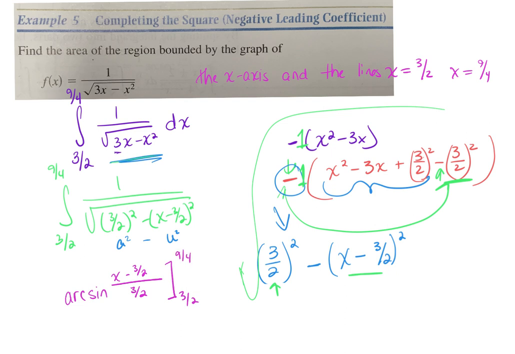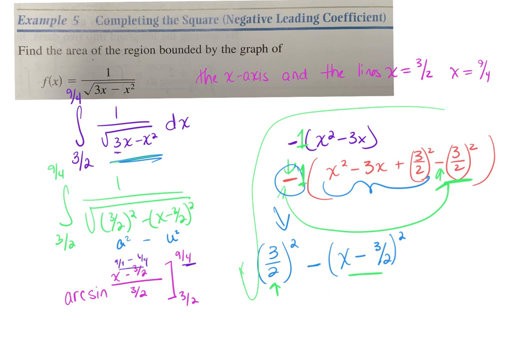Normally I would say simplify that, but what happens when I plug a 3/2 in? It's a 0. So it's going to work itself out when you plug these guys in. So I have 9/4. If I plug in my top guy, I have 9/4 minus, this is 6/4, right? So I have 3/4 over 3/2.